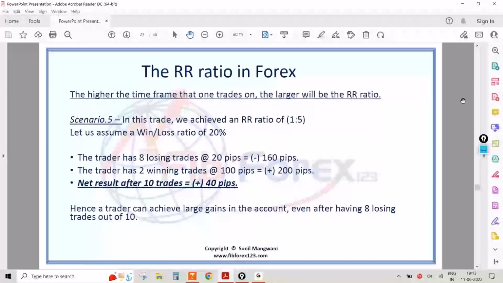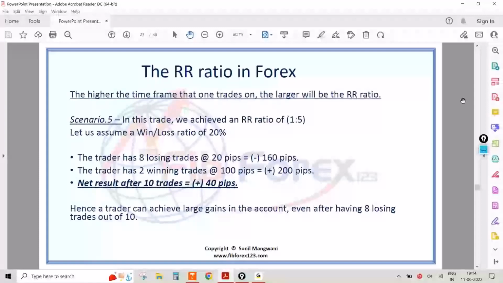Now because my risk to reward ratio was higher, I can afford to reduce my win-loss ratio. So let's assume that I have a win-loss ratio of 20%. That means out of every 10 trades, I win only 2 trades and I lose 8 trades, which is not good, honestly. You should not be doing that. If you have a good system, you should have a much better win-loss ratio.